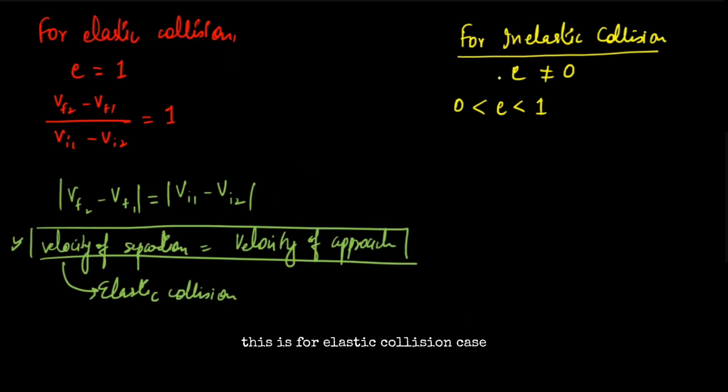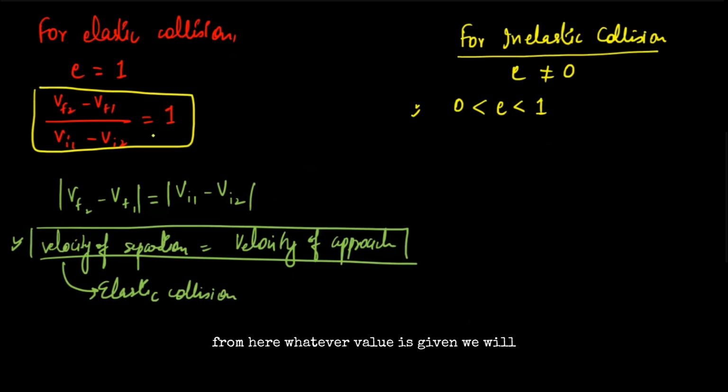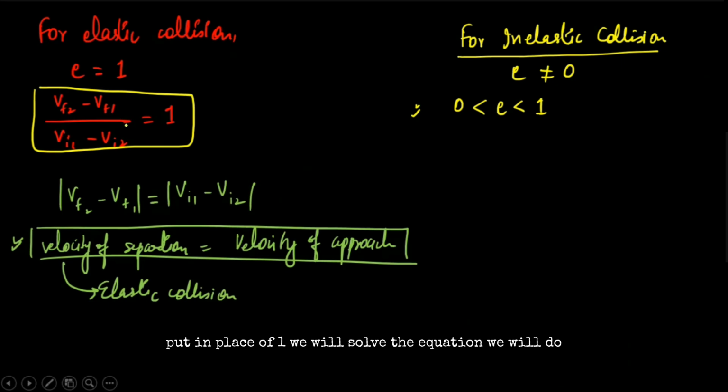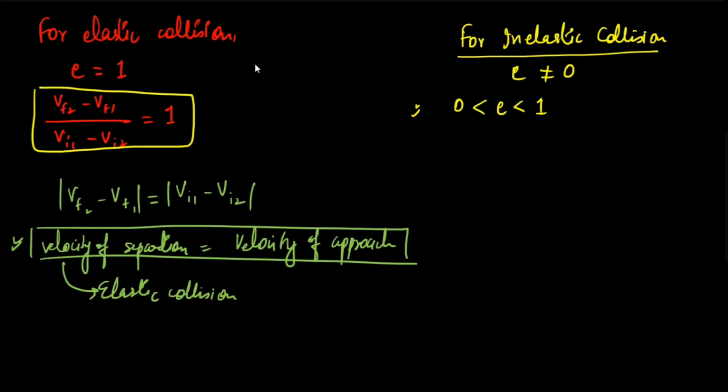It means whatever value of E is given in the question for an inelastic collision, we will use that value to form another equation. Whatever value is given, we'll put in place of 1, solve the equation, and find the velocity of any object after the collision or before the collision. So this is everything we have to do.